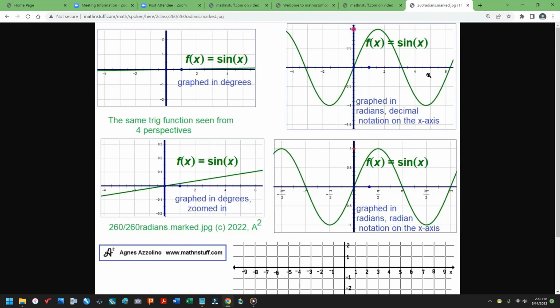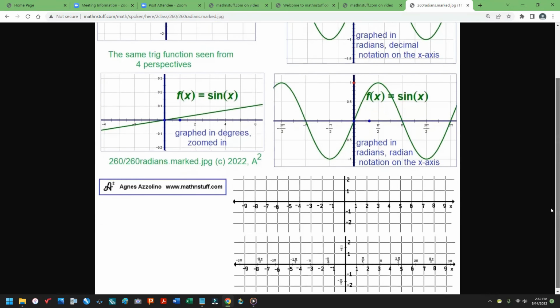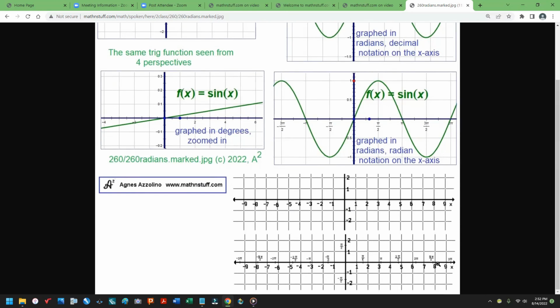And here's a curve with the sine drawn right here. That's about 3.14159. It's about pi. I don't use this kind of curve. I don't use this kind of plane. I use this one on which I have drawn the radian notation. I don't use this except for non-trig functions when I want just a sketch. I'm going to close that one.